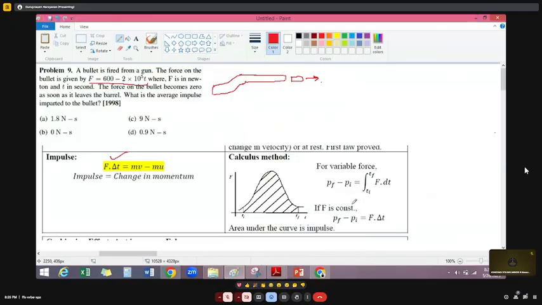You can try this. You have to follow this method. When the force is continuously changing with respect to time, they are asking you to find the average impulse, meaning this area is what they are asking. So area under the curve.